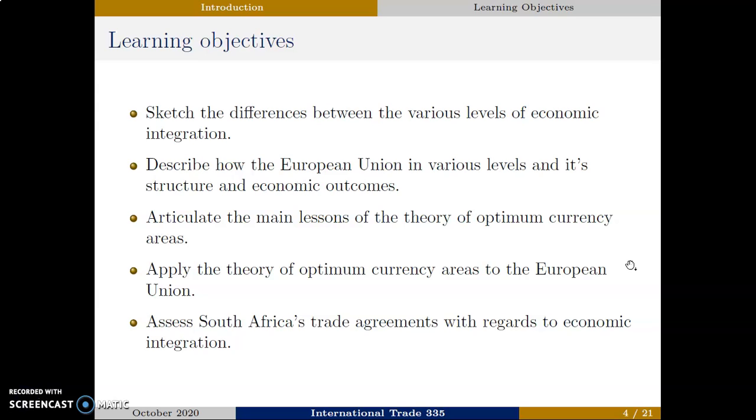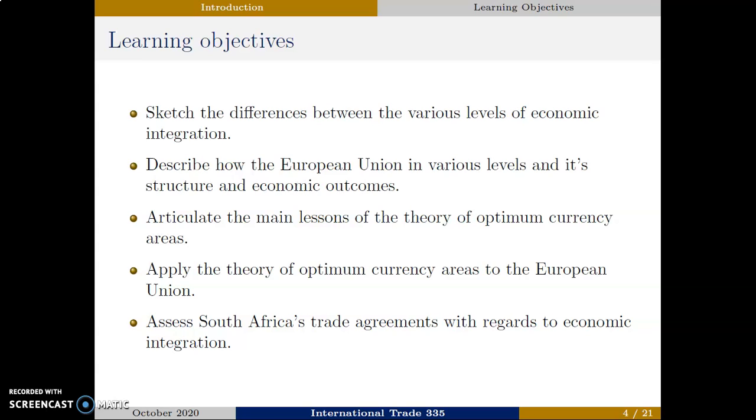The learning objectives of this week are that you should be able to sketch the differences between the various levels of economic integration and provide examples for each level. You must be able to describe and discuss the European Union's various levels of economic integration, its structure, and economic outcomes. You should be able to articulate the main lessons of the theory of optimum currency areas and illustrate it graphically.